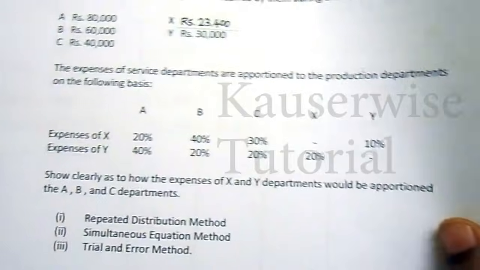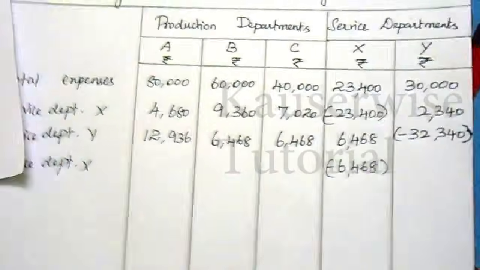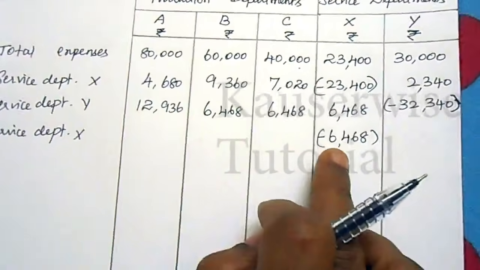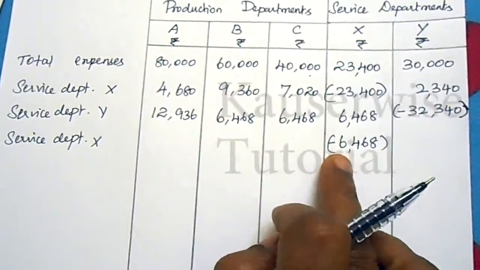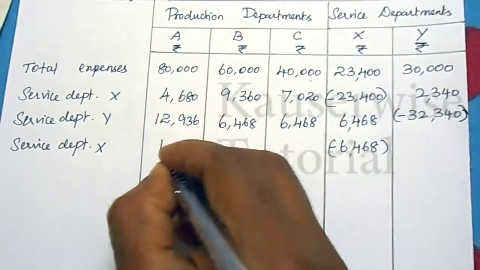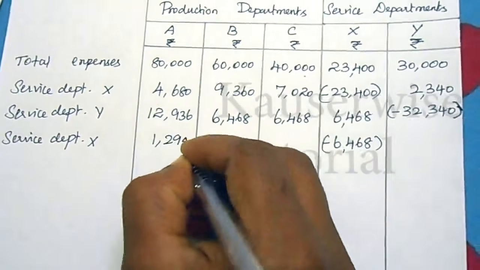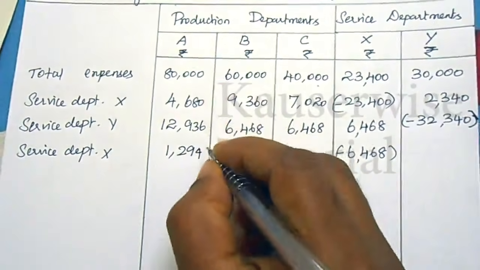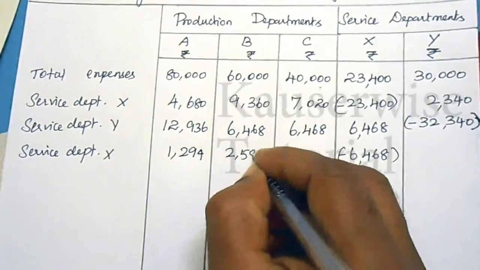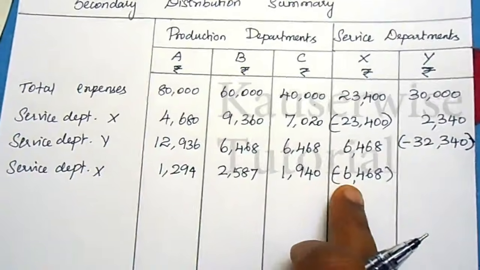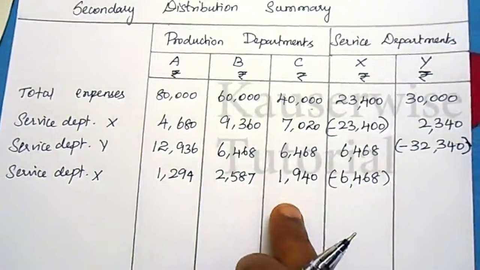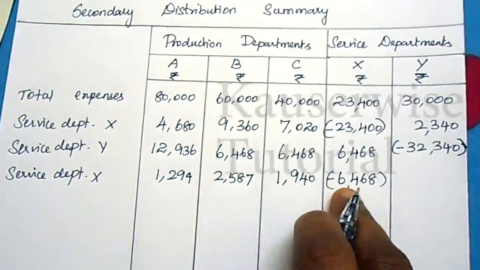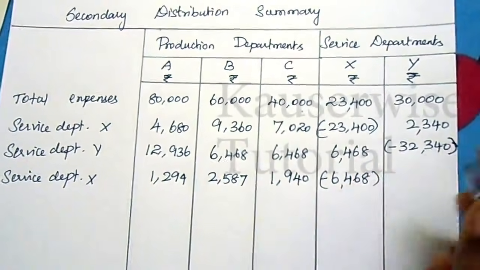So this will be repeated until the service department gets 0 value. 6,468 into 20%, 1,294. 6,468 into 40%, 2,587. 6,468 into 30 by 100. And 6,468 into 10 by 100.